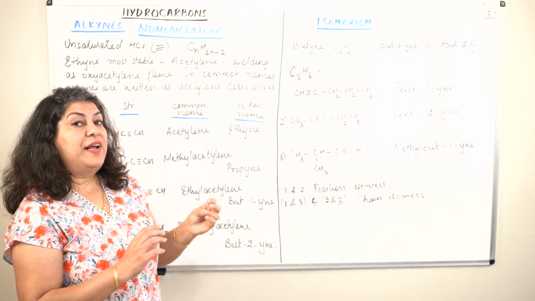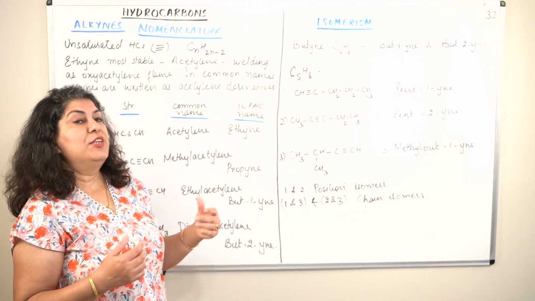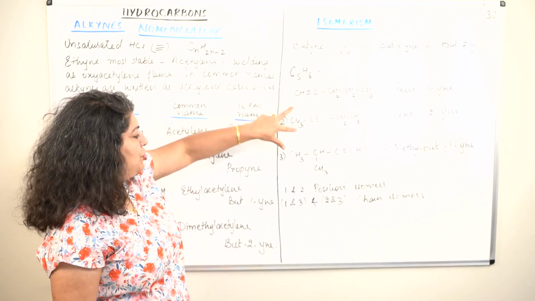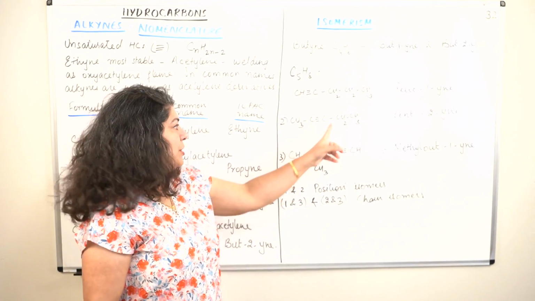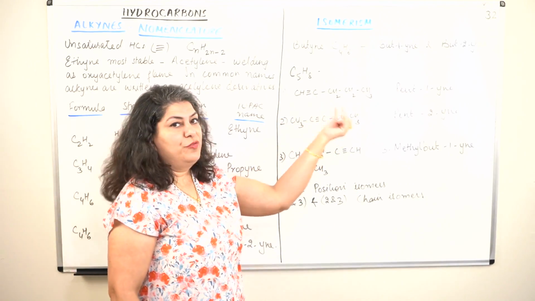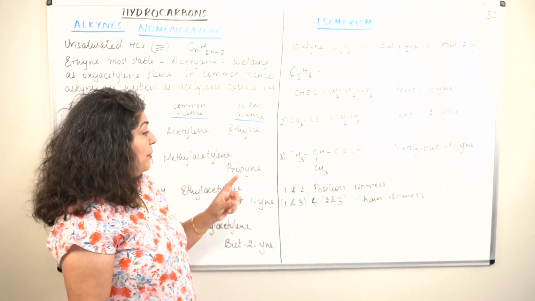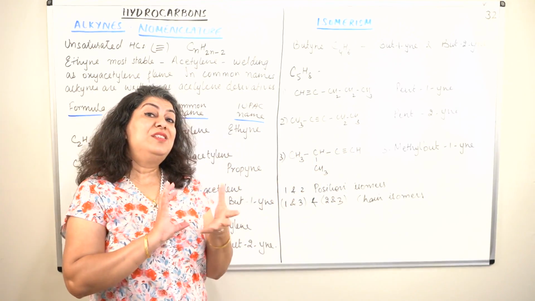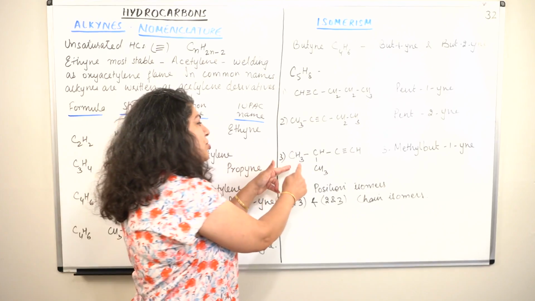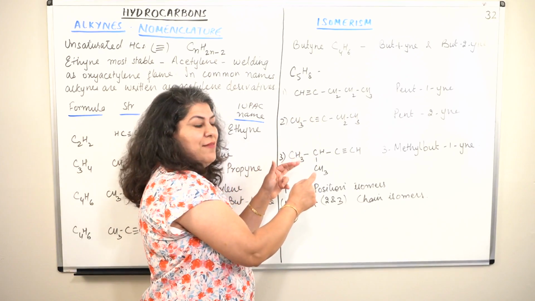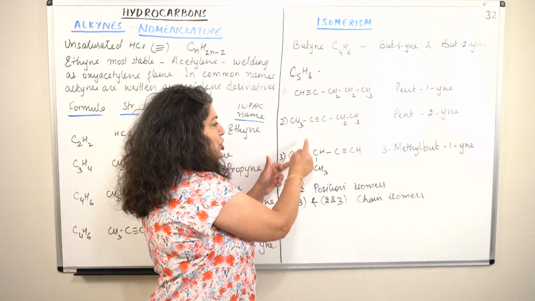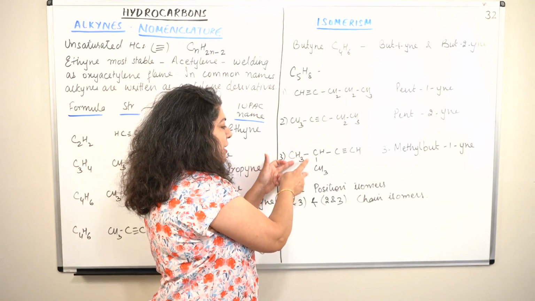And if we have to categorize these as position isomers and chain isomers, we know the first 2 are position isomers. In the first 2, the position of the triple bond is different. But this one has a different chain. So its relationship with both of these will be, if you relate this with this, the chain is different. So these 2 are chain isomers.